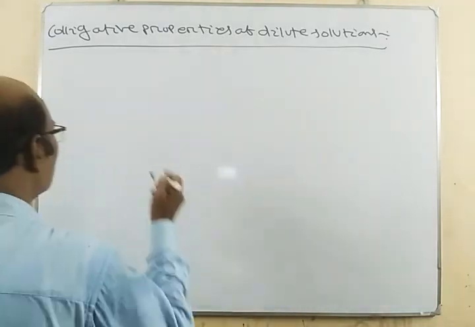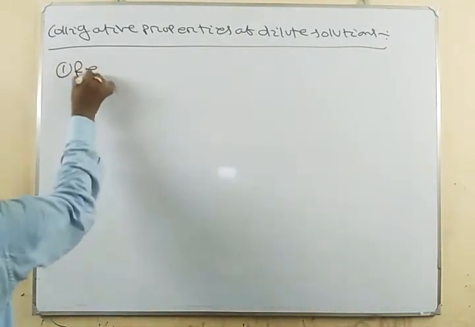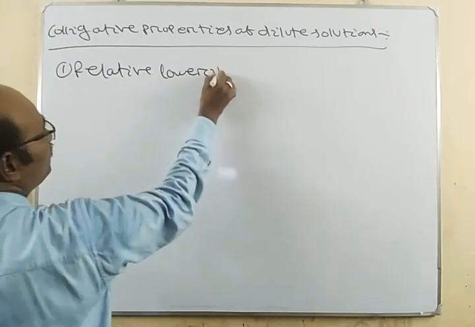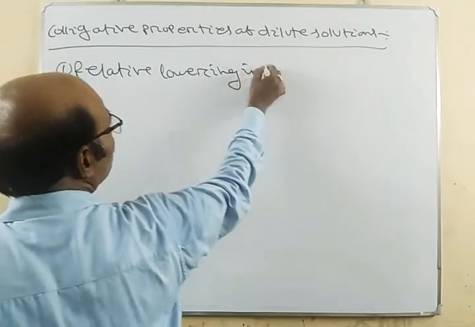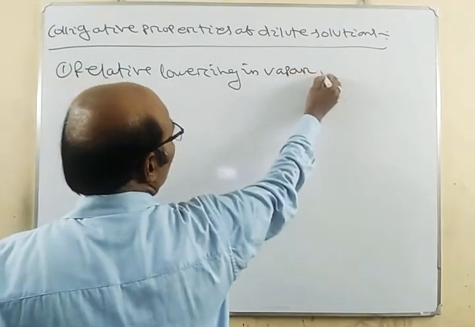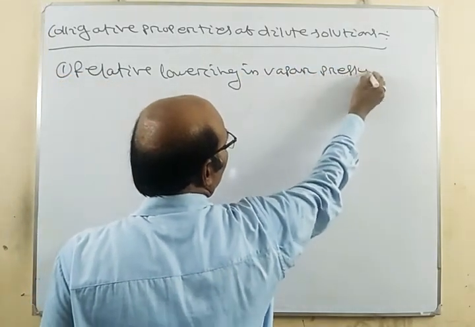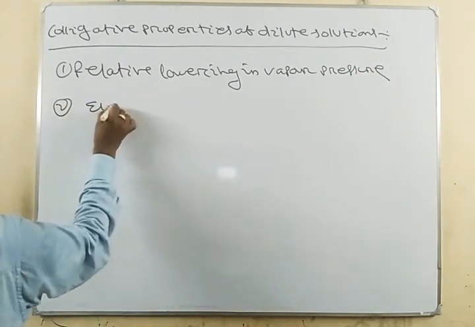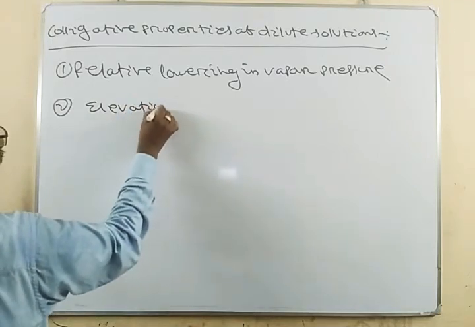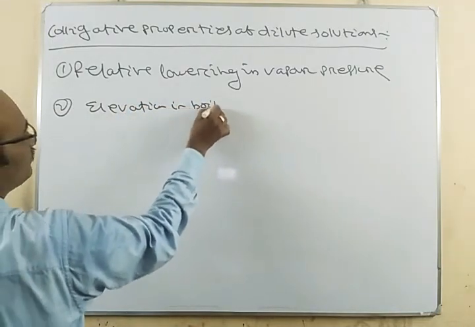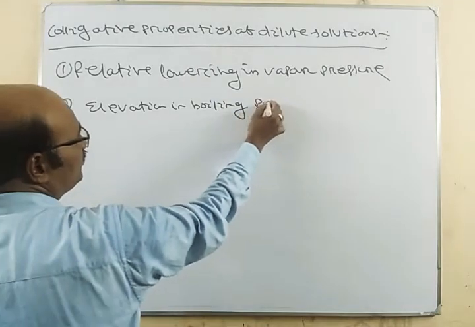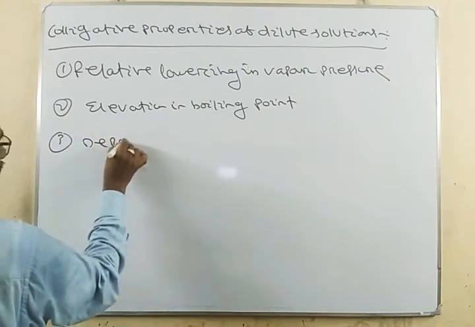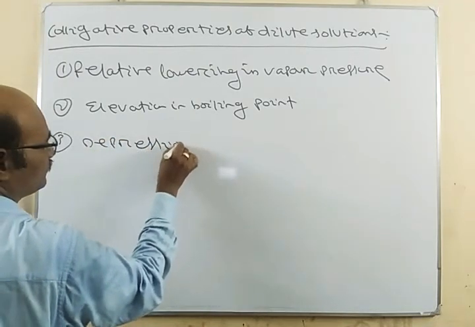And we have properties like number 1, relative lowering in vapor pressure. Number 2, elevation in boiling point. Number 3, depression in freezing point.